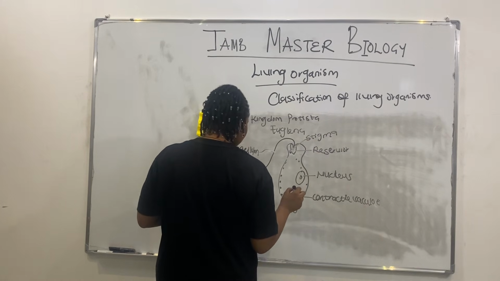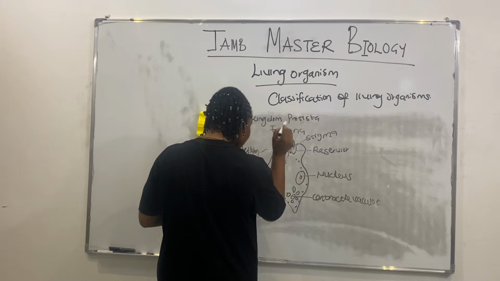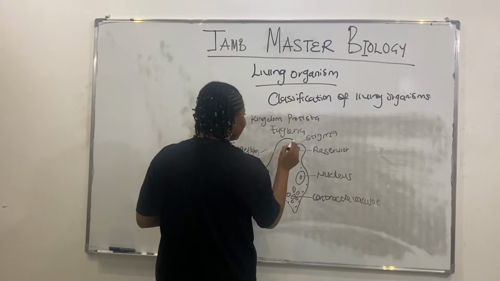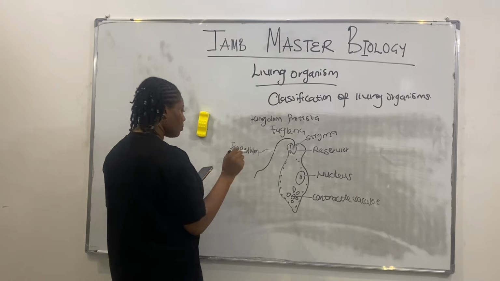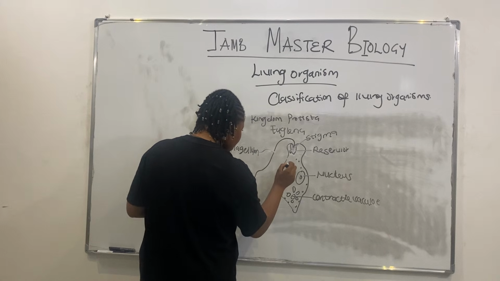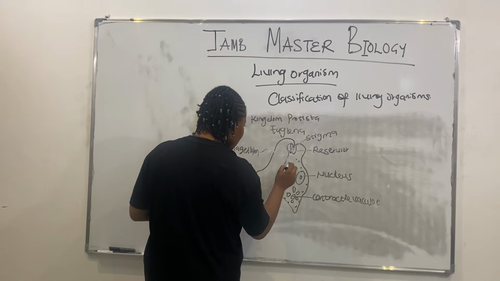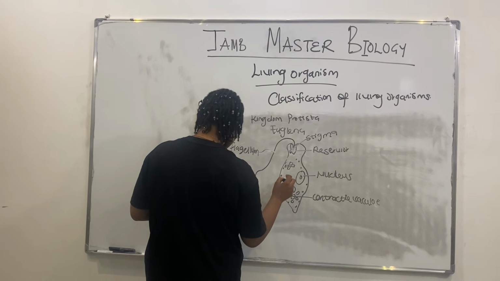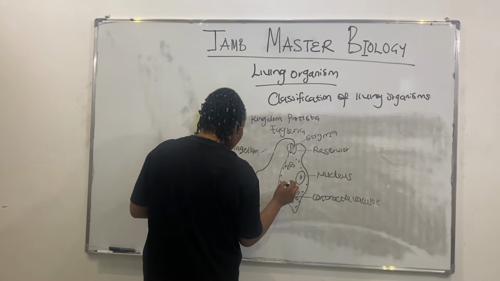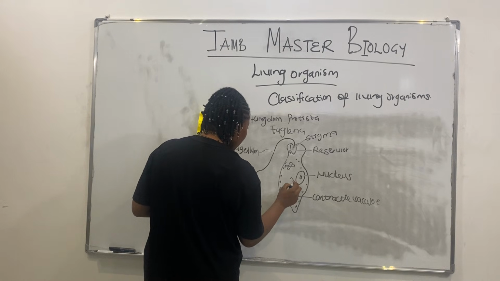That's why we have to look at it, and JAMB usually sets questions on this particular characteristic. They always set something like this so that it can confuse students, but when you know it, you have known it for life. I'm drawing it for you so that you can see it, understand it, and not forget it.